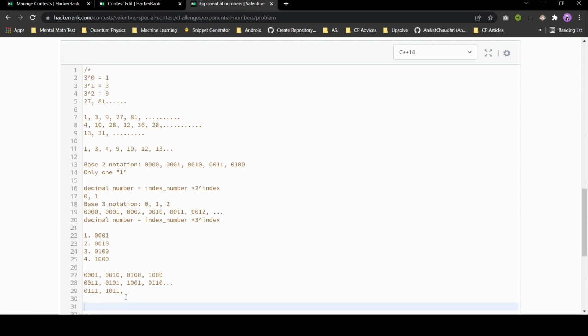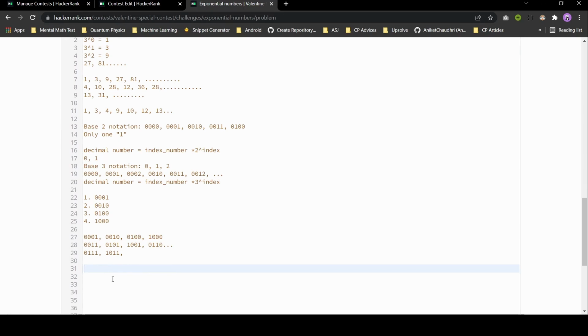Okay, let's now arrange them in ascending order like we did previously. So we will get this, then the next number will be this, then this. This is the ascending order I am doing, and so on. So I have placed them in ascending order.